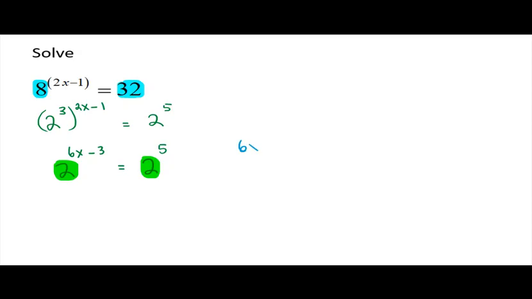So 6x minus 3 equals 5, and then you just solve for x, or whatever variable they're using. So 6x is equal to 8, so x is equal to 8 divided by 6, and you want to simplify that fraction, so that's going to give you 4 over 3.